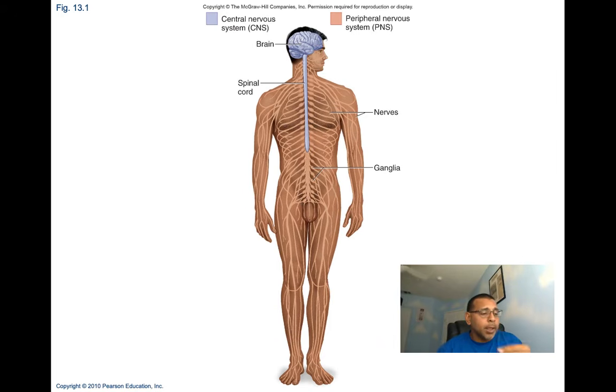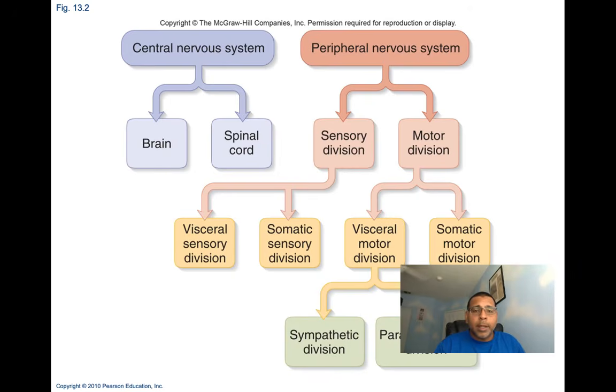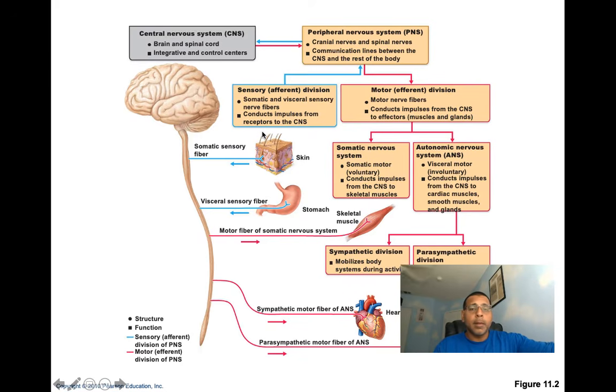Now, when we talk about this central nervous system, we can see that organization here as well, and we see that same organization here also. I like to use this picture for the best illustrative purpose. Now, when we talk about the brain and the spinal cord, if you recall, the brain and spinal cord are going to be found in the dorsal body cavity.